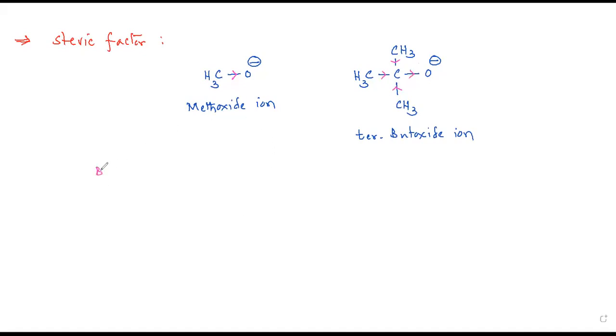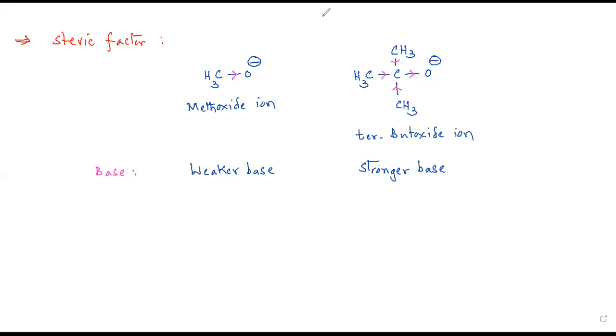Look at what is happening. See, if you consider the basic nature of these two, as a base, methoxide is weaker. I mean, the electron density is less at methoxide ion, whereas the electron density is more at the tertiary butoxide ion.